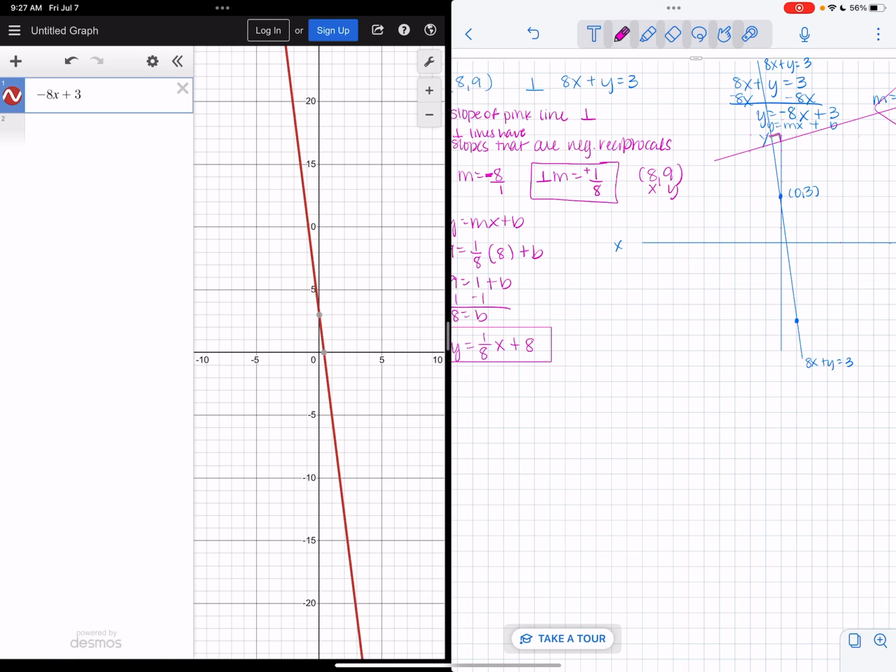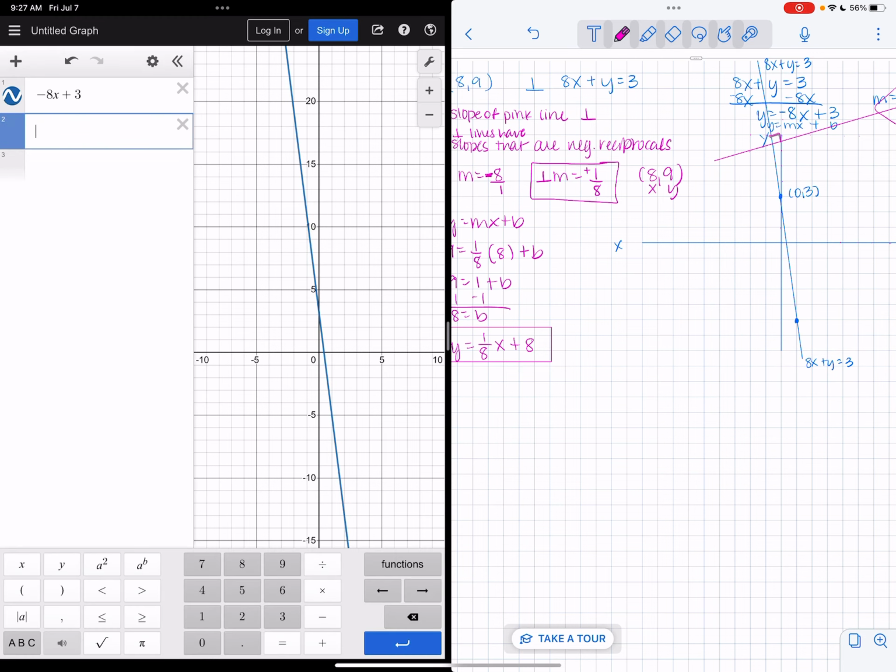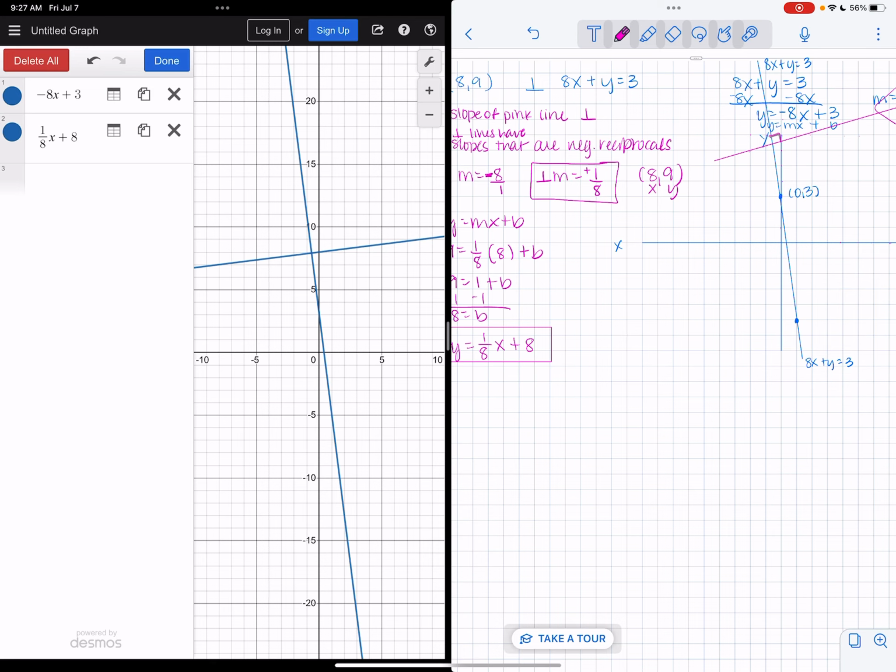Let's see if we can make it blue. There we go. And then we want the pink line, which is 1/8 times x plus 8. Let's see if we can make that one. We'll make it red because I don't have a pink right here.